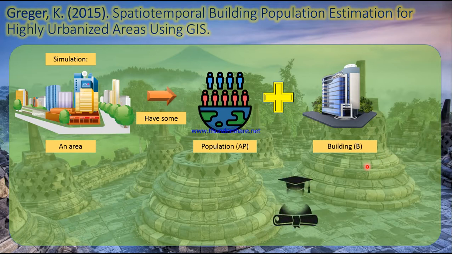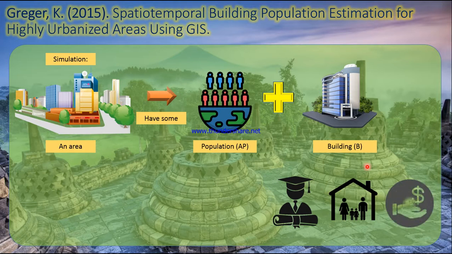Every building also has some category, like education, household, and also income. Every category has a specific building.